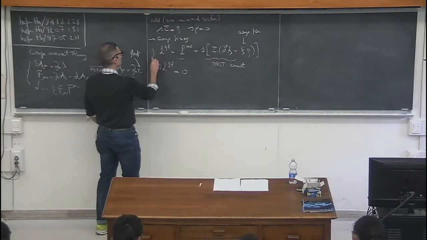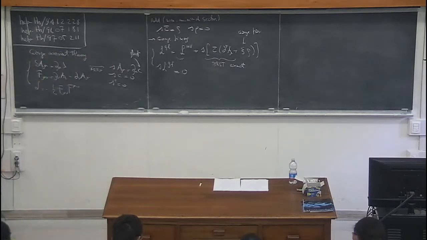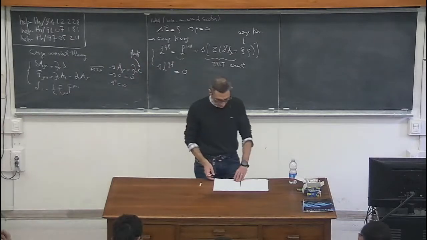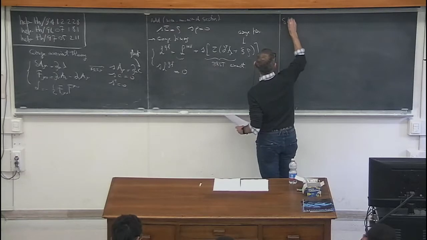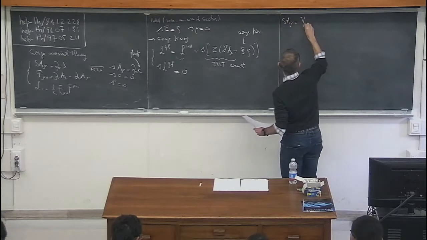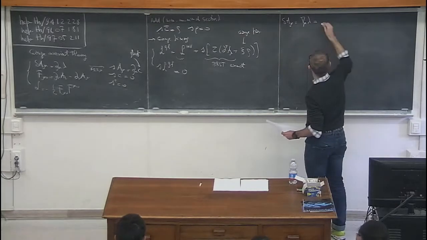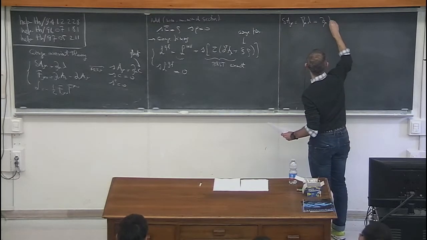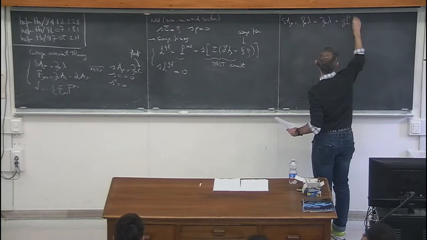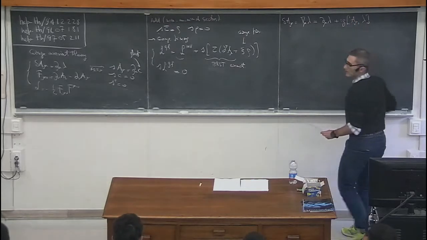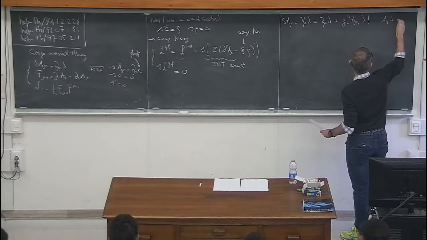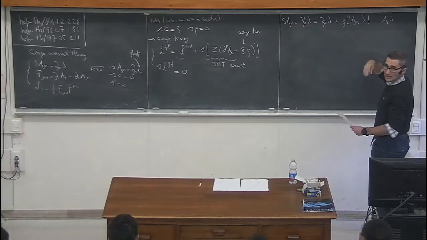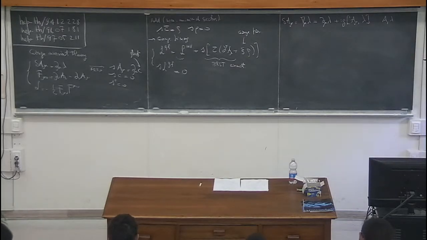Good. So this was the situation for Maxwell theory. Then, in order to move to Yang-Mills theory, we have to make some small changes. First of all, the gauge symmetry for the abelian gauge theories was this one, which I rewrite in this way. So it's the derivative of lambda plus i g, and here I just add the Lie algebra commutator. You remember that A and lambda have values in the Lie algebra of the Lie group.